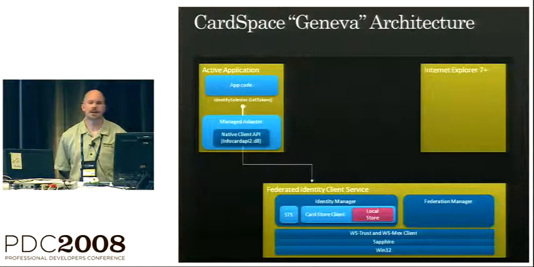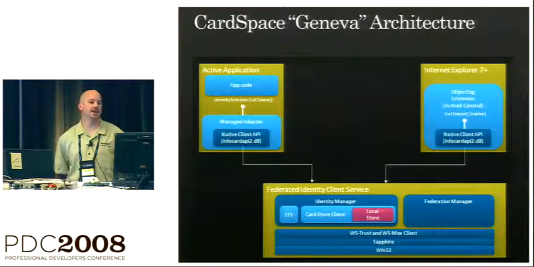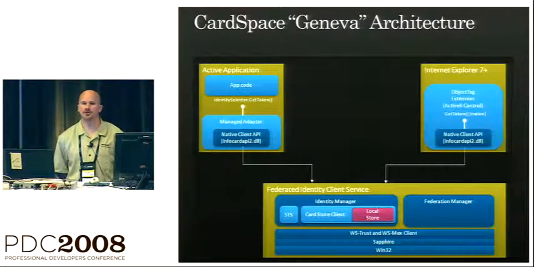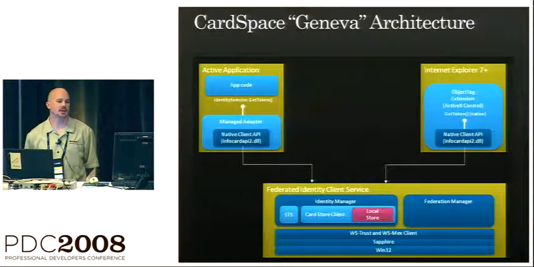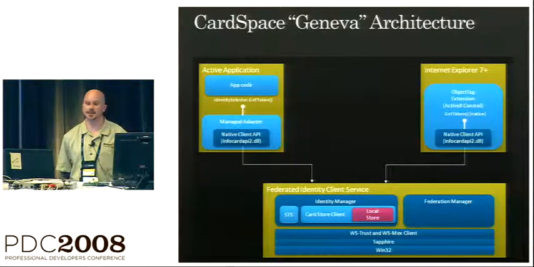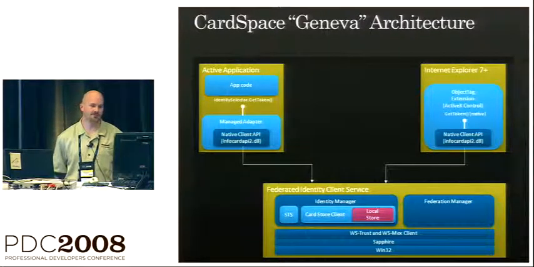For web applications, it's the same kind of idea, except that we have an object tag extension that adapts the native API to a web page, to being invoked by the web page. But it takes the same kind of input parameters in terms of policy and claims, and returns the same kind of output, a token that can be used to authenticate a user to a particular application.